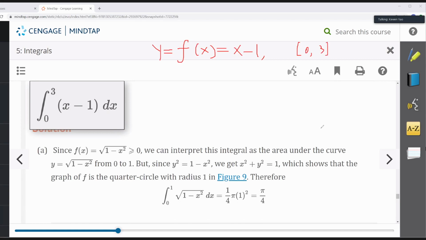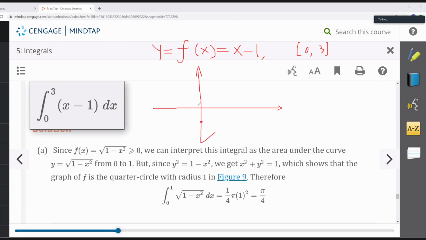Now this is a line, a line segment, because y equals x minus 1 is a line and the interval is finite. Let's sketch this line. When x equals 0, y equals negative 1, right here.